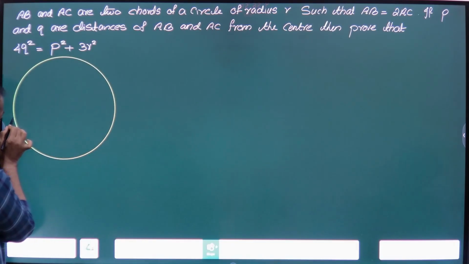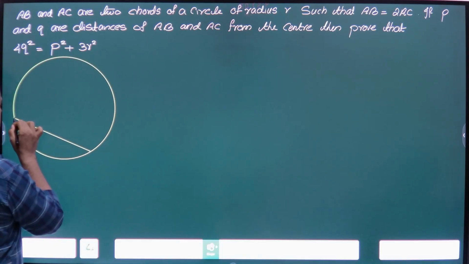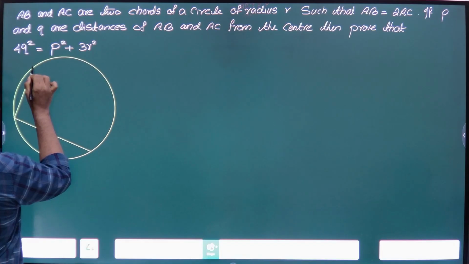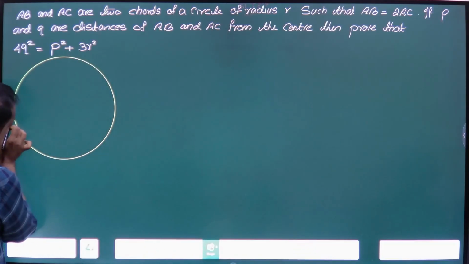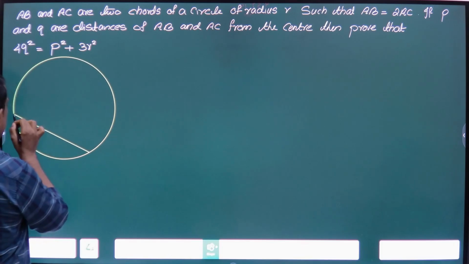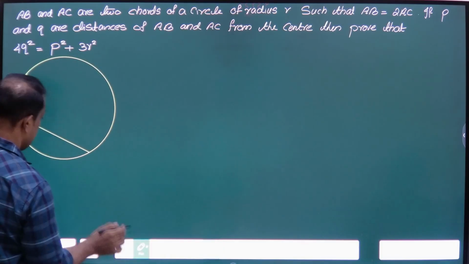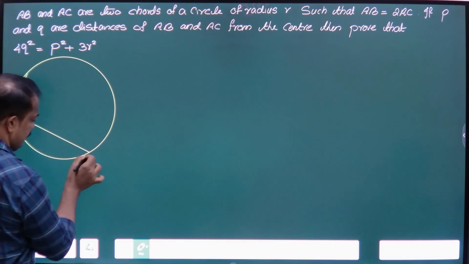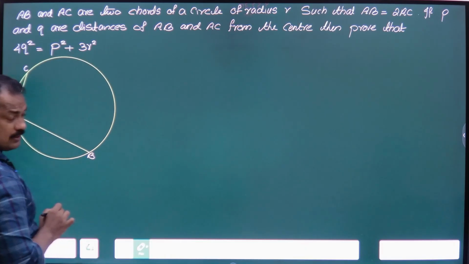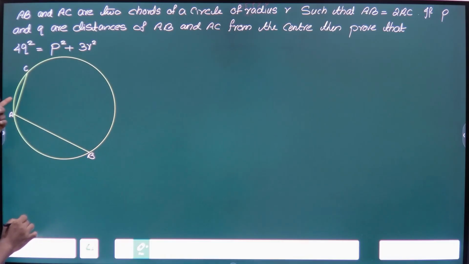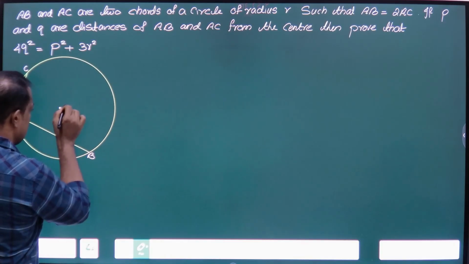So draw two chords, AB and AC, where the length of AB is double that of AC, and O is the center of the circle.